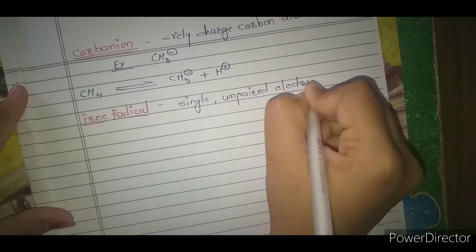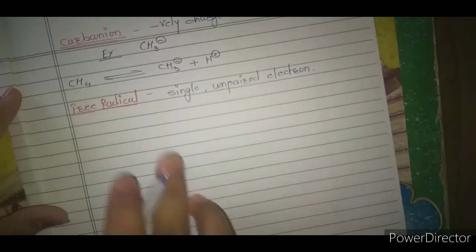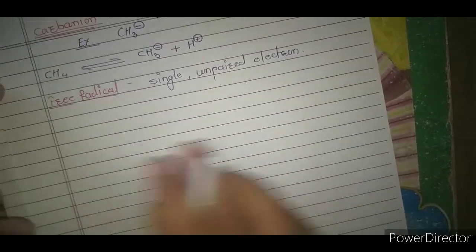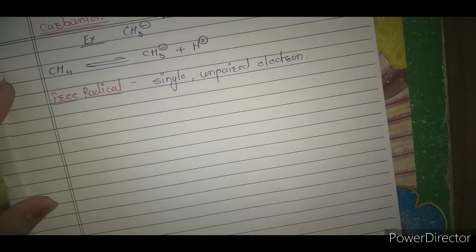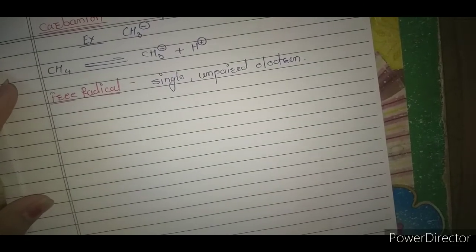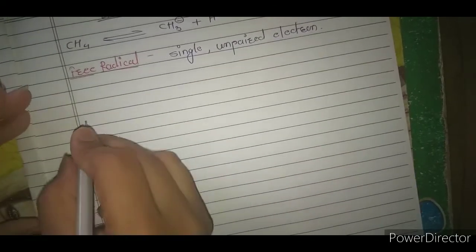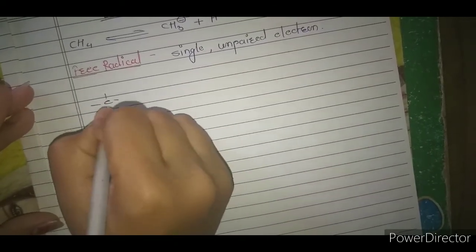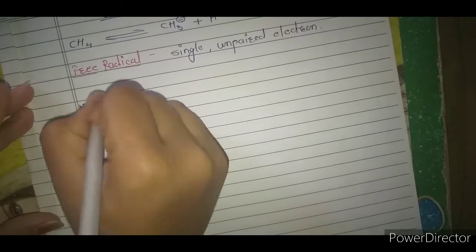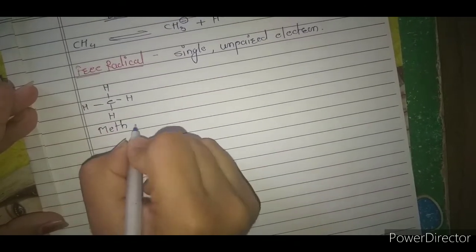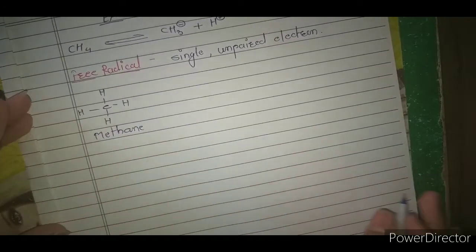So what is a free radical? Because of homolytic fission of a molecule, it forms a free radical. Take one example. This is your methane.